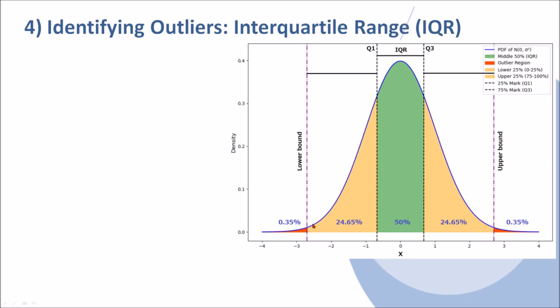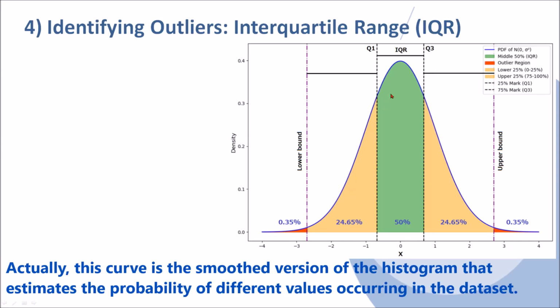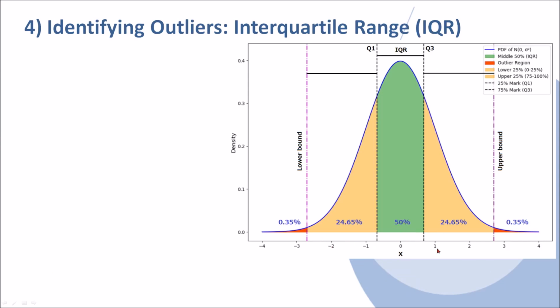Actually, this is the probability density function curve of the normalized data points, because we have different values here, and this is the density or probability of the different values.